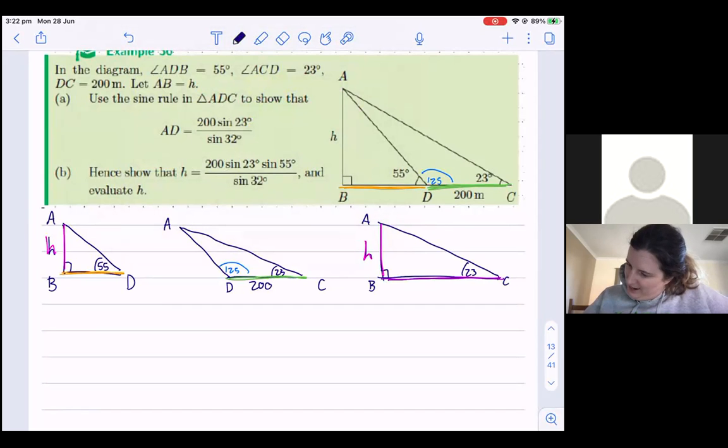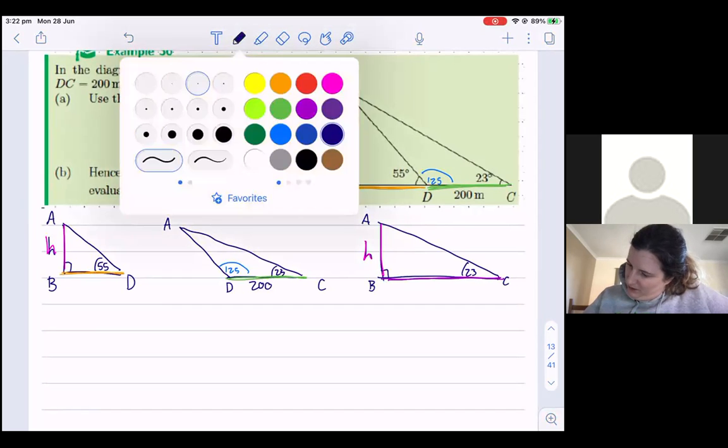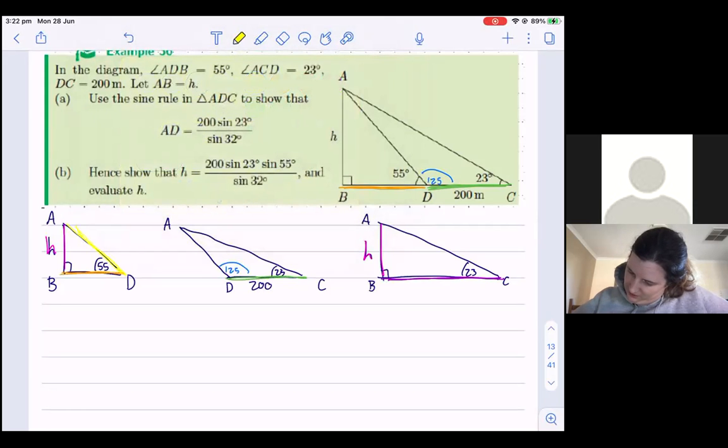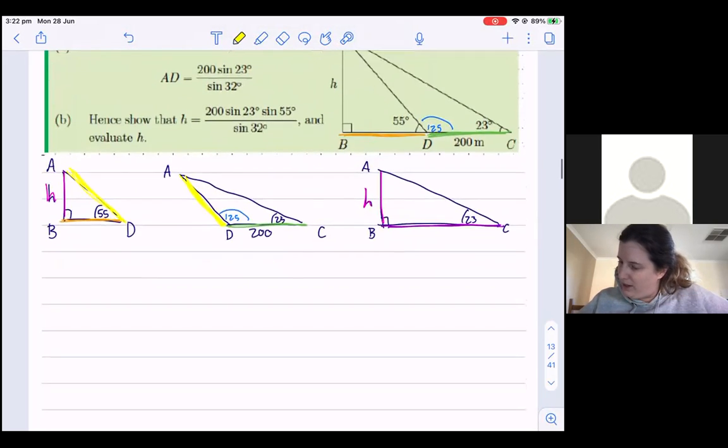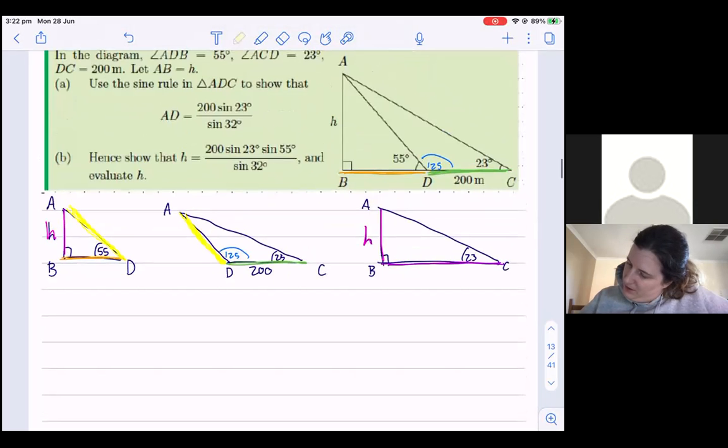So if I find A to D, which is what they're leading us through, A to D is this one. It's the same as this one. And this triangle in the middle is the one I know most about. So that's why they're getting us to do AD first. So AD, we're going to have to use the sine rule, I think.